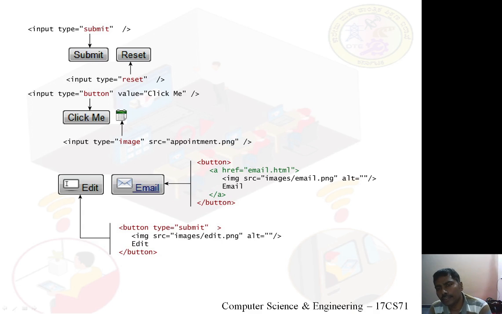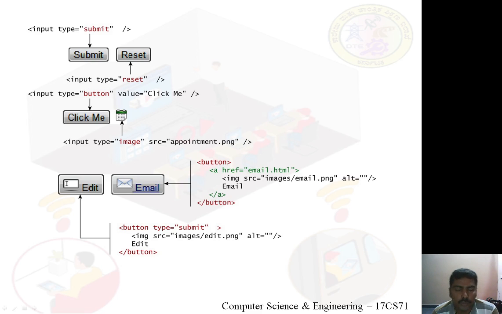In this, I have placed a URL on this button, which means I can skip the server side program here. Clicking this button may take you to some URL, and I even placed one image.